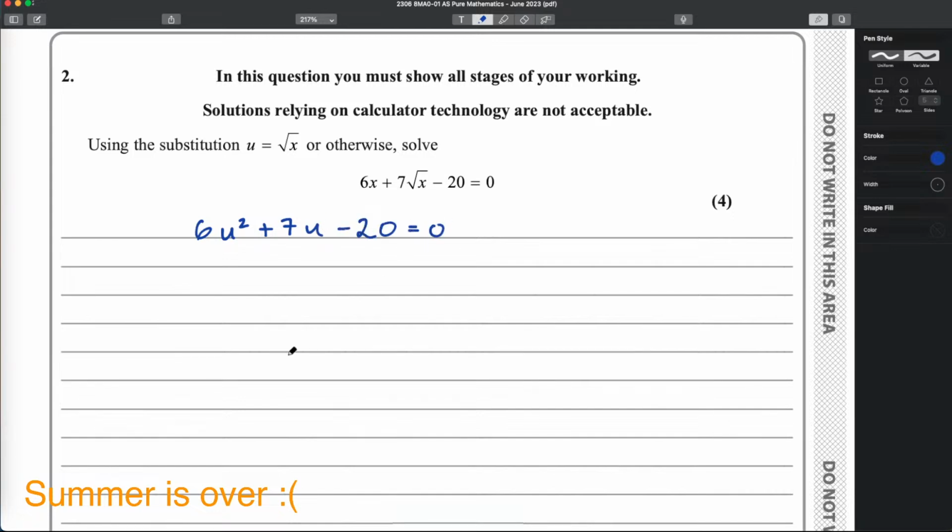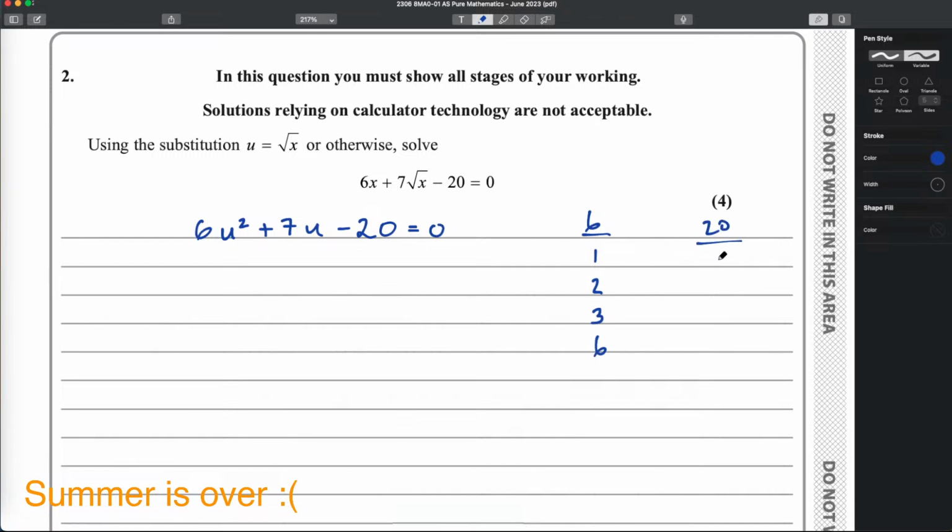So can we factorize this? Factors of 20. 1 and 20. I guess we also need factors of 6. Okay, so factors of 6: 1, 2, 3, 6.